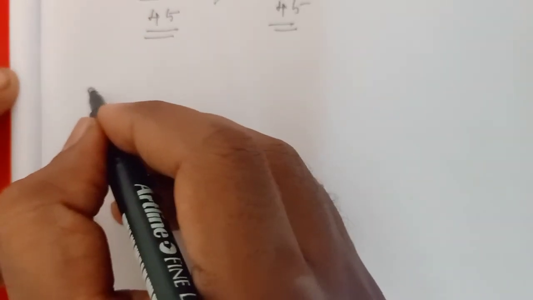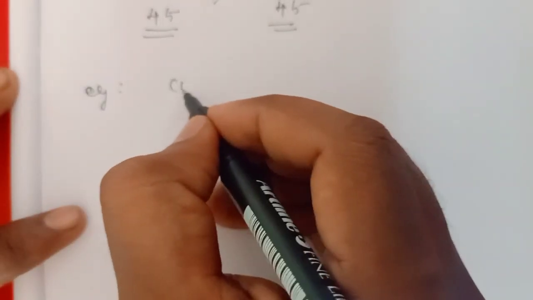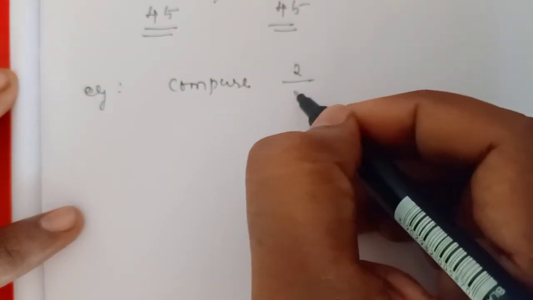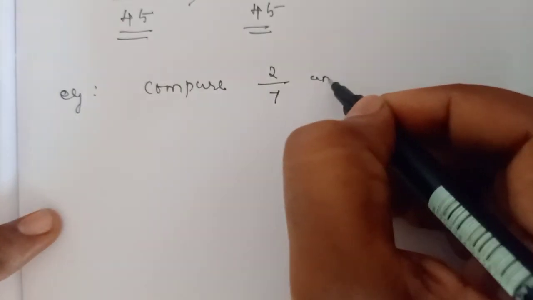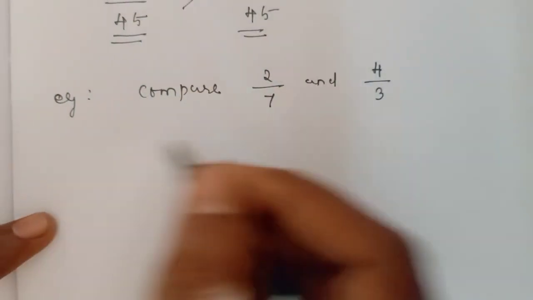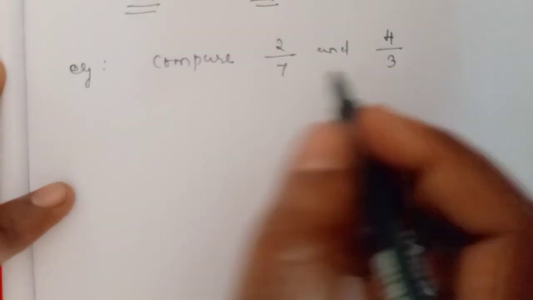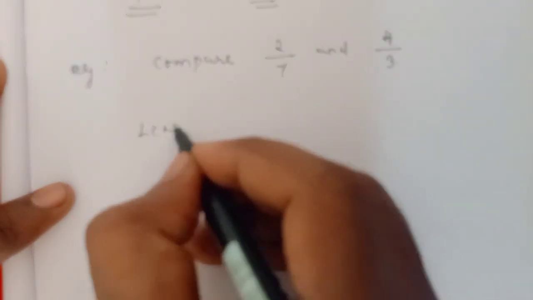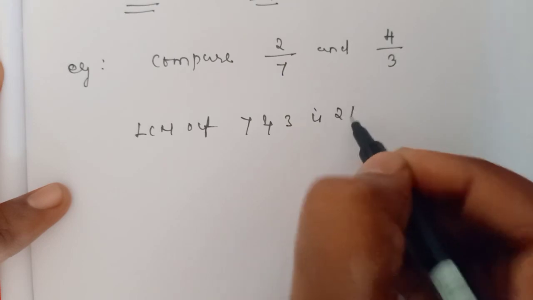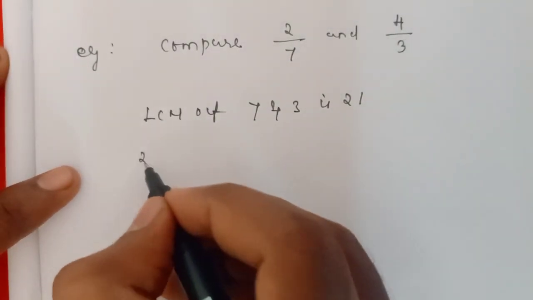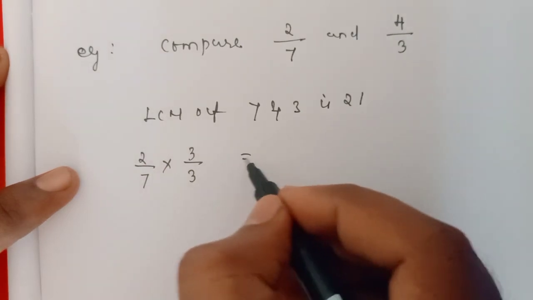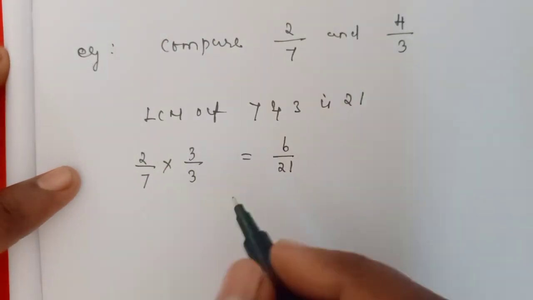Another example. Compare 2 by 7 and 4 by 3. Again make the denominators equal as per LCM. The LCM of 7 and 3 is 21. For 2 by 7, I multiply numerator and denominator by 3, so 6 by 21.